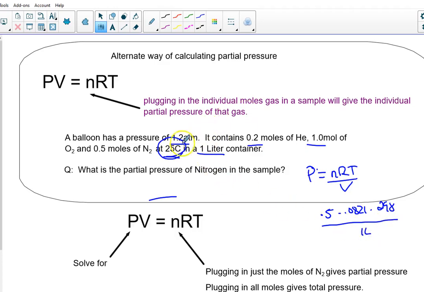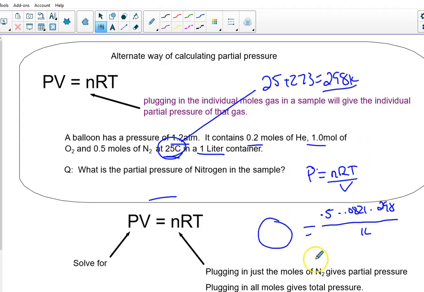Keep in mind, I got that from 25 plus 273 equals 298 Kelvin. Then you can go ahead and solve this out. Putting in the moles of just the nitrogen gives you just the partial pressure of nitrogen.